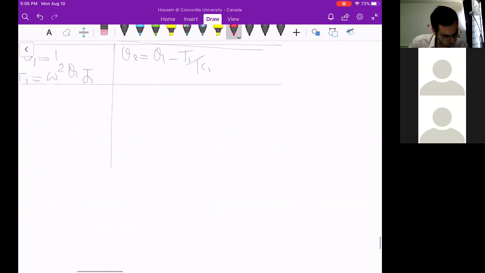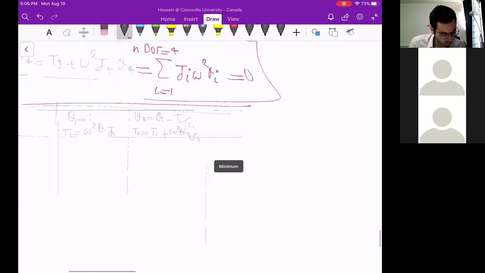So theta 2, as soon as you obtain theta 2, just go for calculating T2. You have T1, omega squared, you have theta 2, just insert here, and J2.